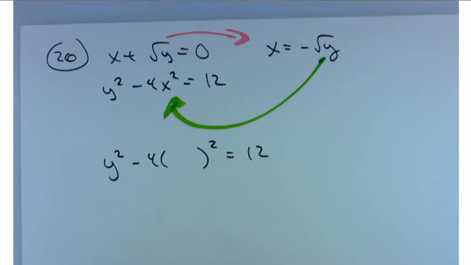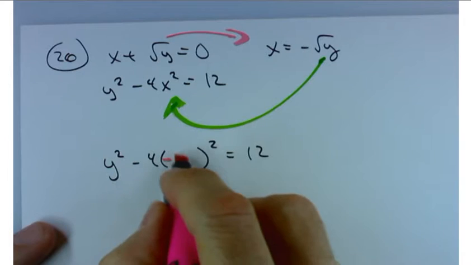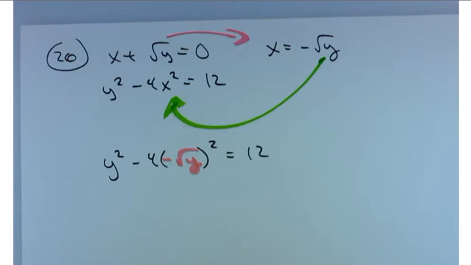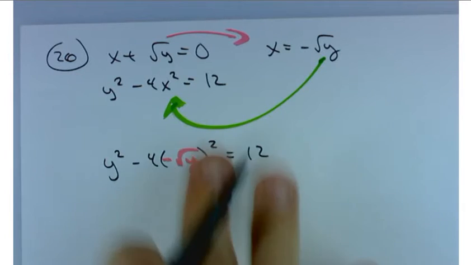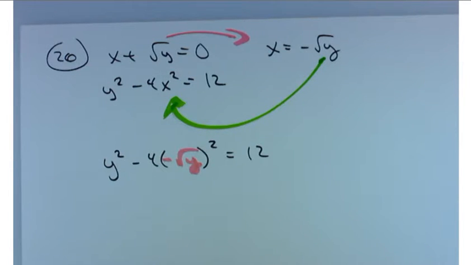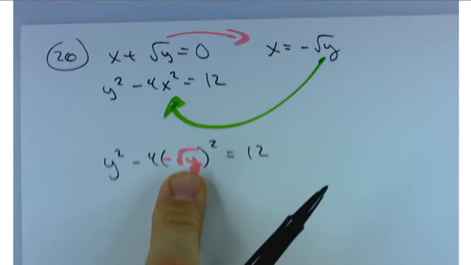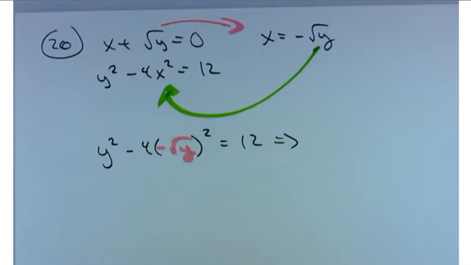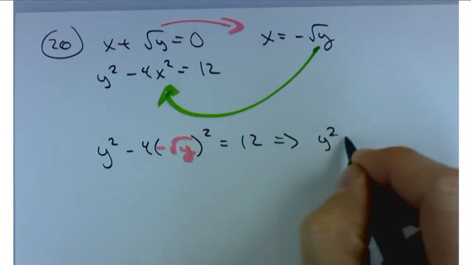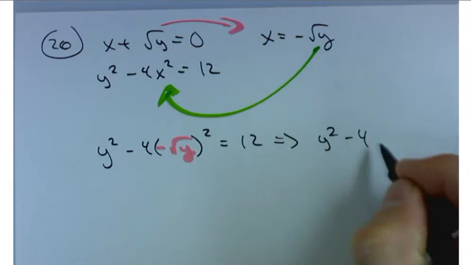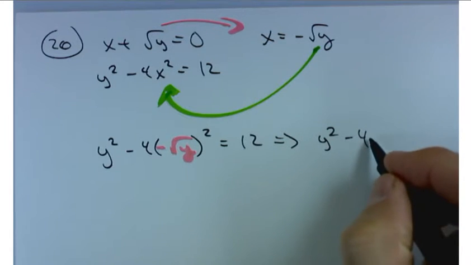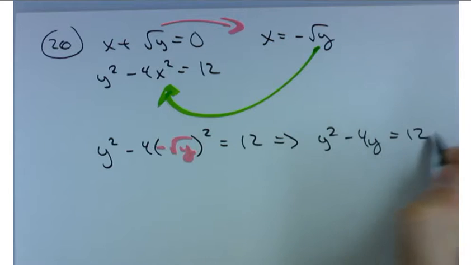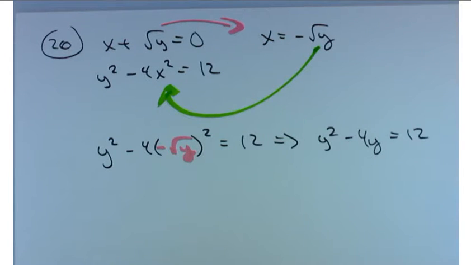And that something is negative the square root of y. Katie, square that out for me if you would, please. What do I get here? How does this simplify? What's my new 4y? Good. So y squared minus 4y equals 12.